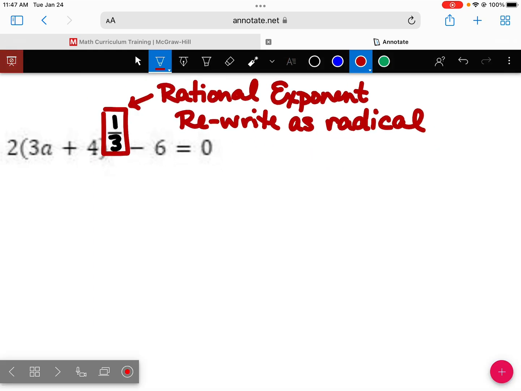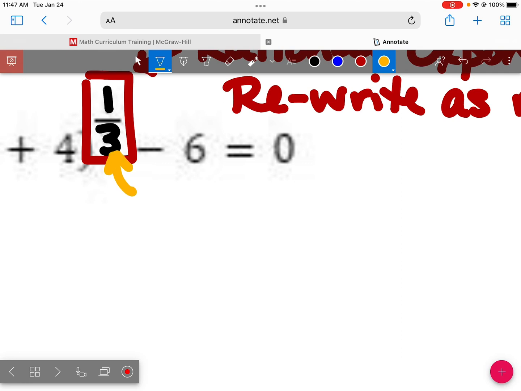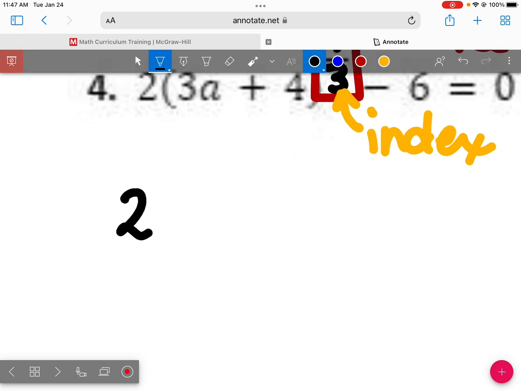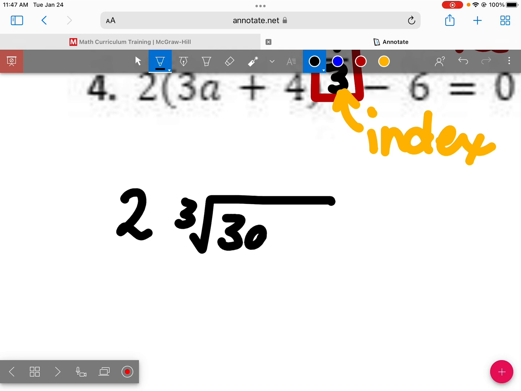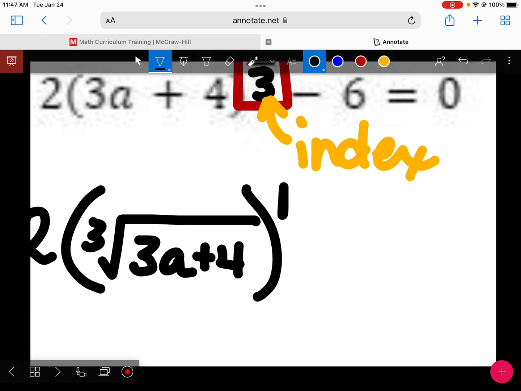How do I know what my index is? The denominator. So here's my index. So that means it's going to be a cubed root. So 2, and then the cubed root of 3a plus 4, all to the power of whatever my numerator is.